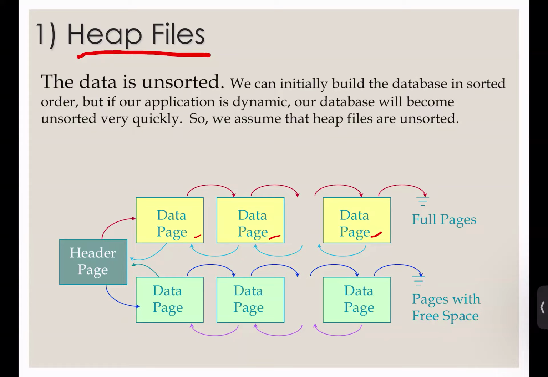So next time you want to insert something, it will bring up the next free page that you can put the data in. You just append to it. You don't need to sort or do anything. Just keep appending, and we call that a heap file. So one thing is heap files are unsorted.